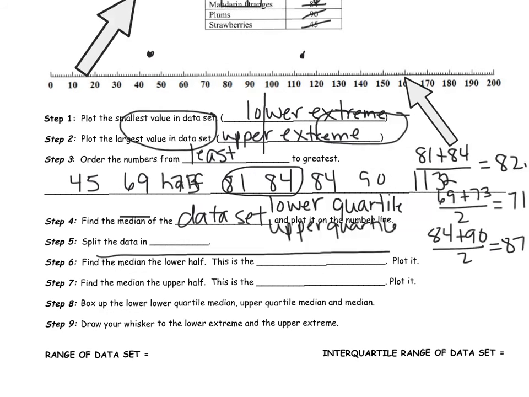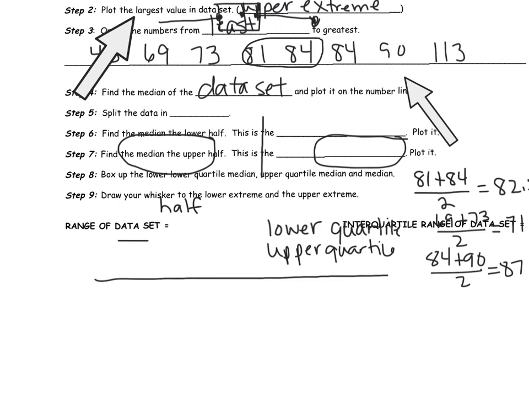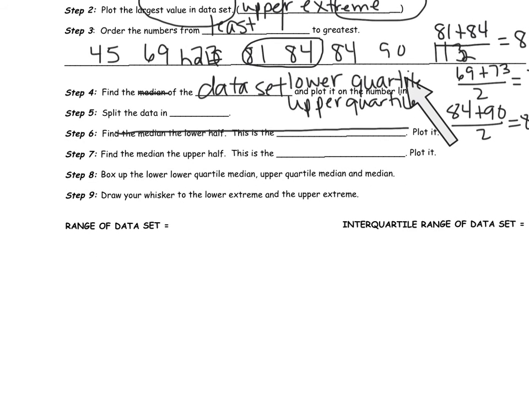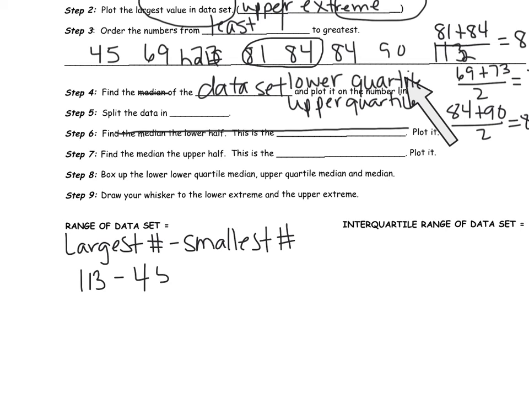Now, sometimes they're going to ask you questions like, what's the range of the set of data and what's the interquartile range? For the range, that's the largest number minus the smallest number in the data set, and you already found those. The largest was 113, the smallest was 45, so the range is 68.